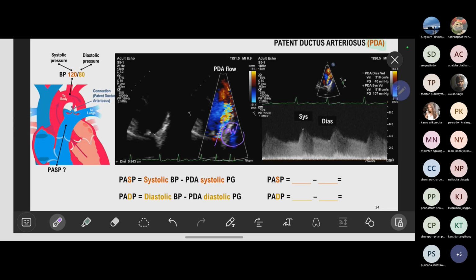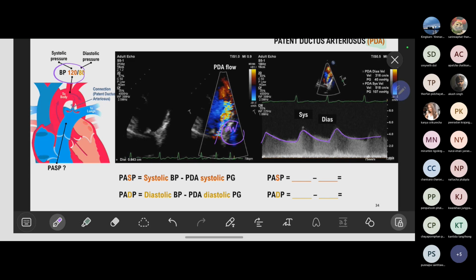So you will get the PDA flow velocity, right? And blood pressure is 180, so you can calculate PASP from systolic blood pressure minus the PDA systolic pressure gradient.